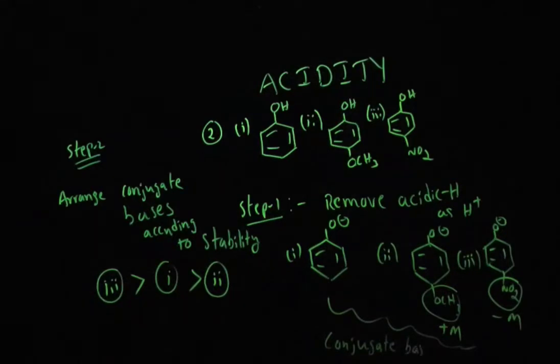So the first step is to remove the acidic hydrogen. The next step is to identify the stability of the conjugate base, that means the stability of the negative charge.